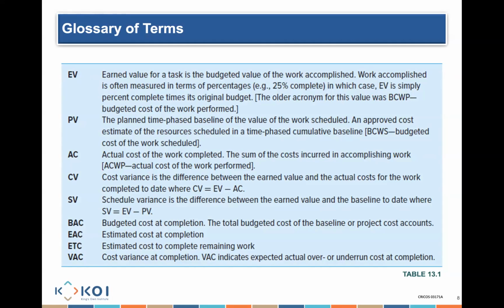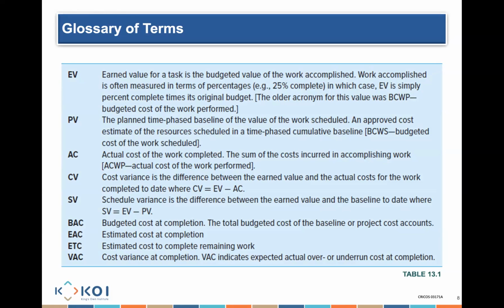Estimated to complete is the estimated cost of the remaining work. So let's say I have already completed $500 worth of work, and there's $200 more left that I need to complete. Estimated to complete is $200. That's how much I still need to really complete my particular project.